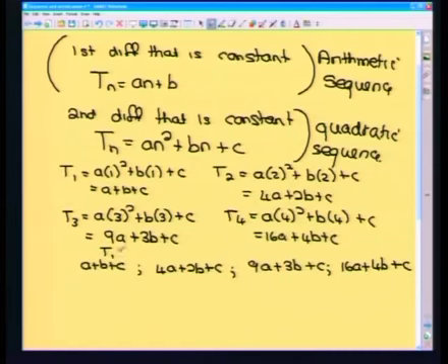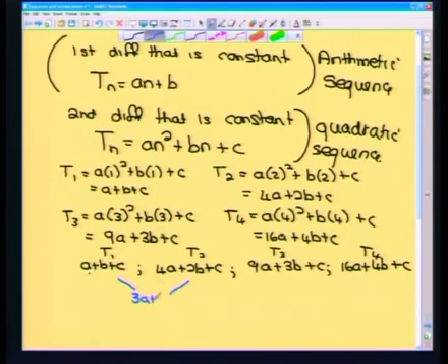So what do we do normally? We would look at this and say, let's get our first difference. Moving from term 1 to term 2, I'm adding 3A plus B. Likewise, going from term 2 to term 3, I'm adding 5A plus B. And going from term 3 to term 4, I'm adding 7A plus B.